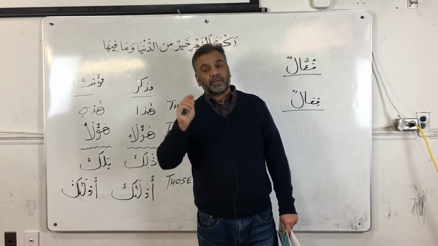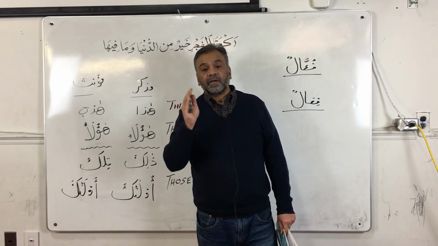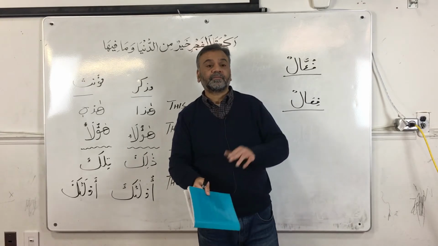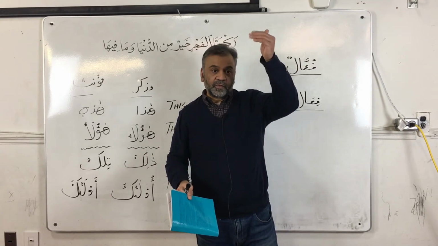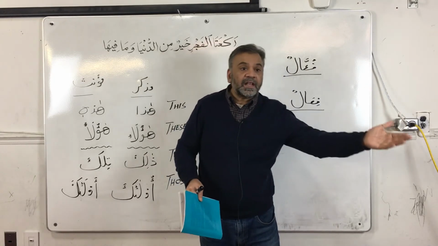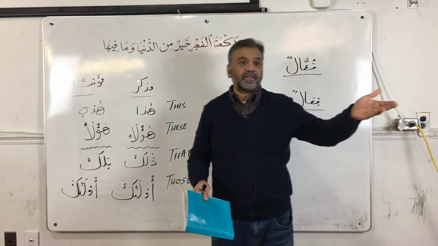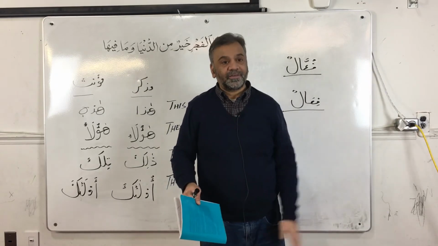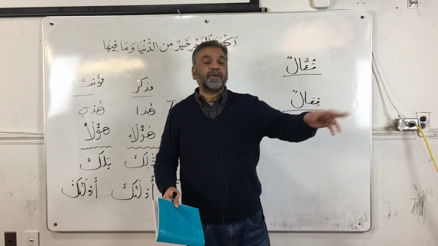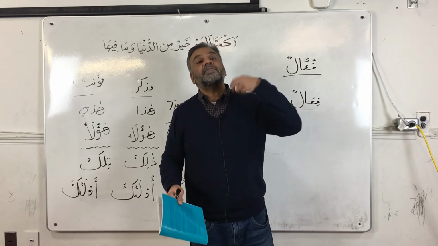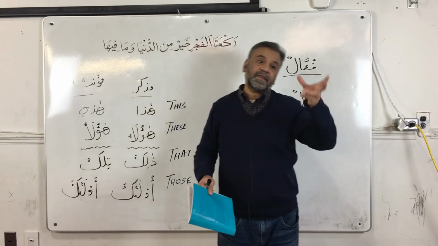Now, sometimes with zahaba and zahabat, the fa'il can be present in the sentence. Zahaba Muhammadun. So Muhammadun, the doer of the action, manifests itself in the sentence.